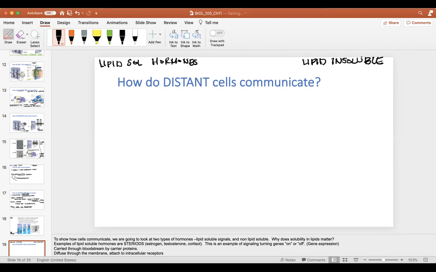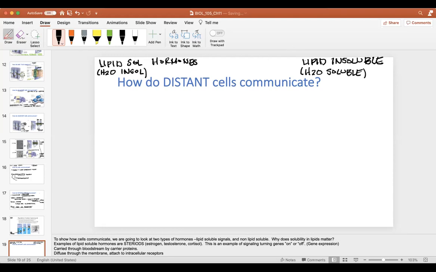But let's think about what the terms lipid soluble and lipid insoluble really mean. If you are lipid soluble, then that means that you are water insoluble, right? If you are lipid insoluble, that means that you're water soluble. So I just want to point that out because that's going to be important in a second.